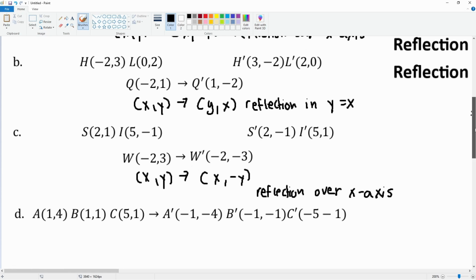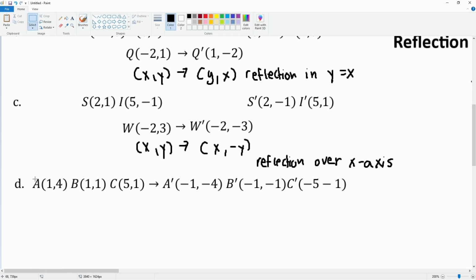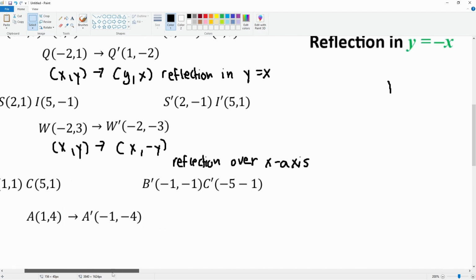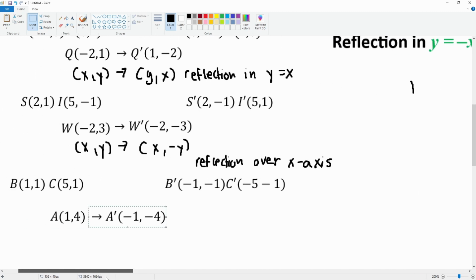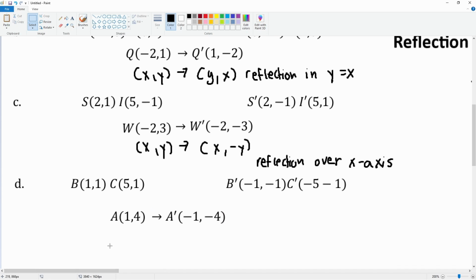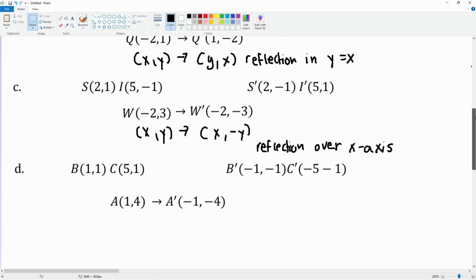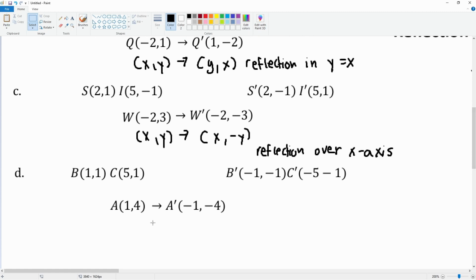And then A here becomes A prime. Right? So it looks like everything becomes a negative.